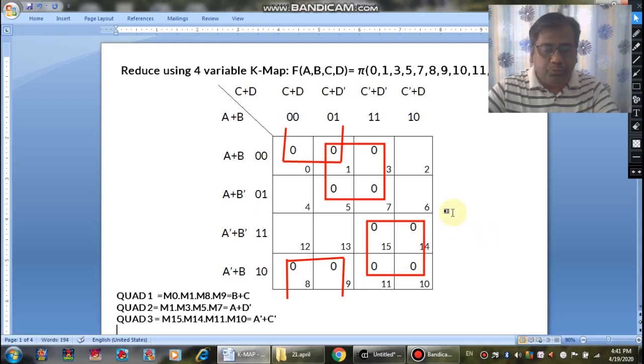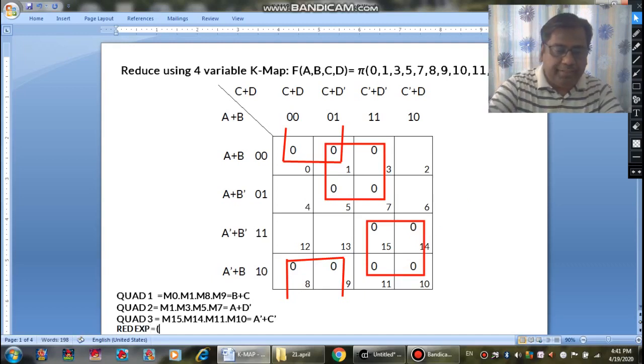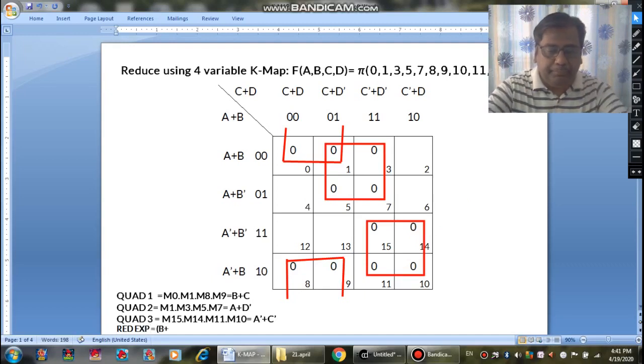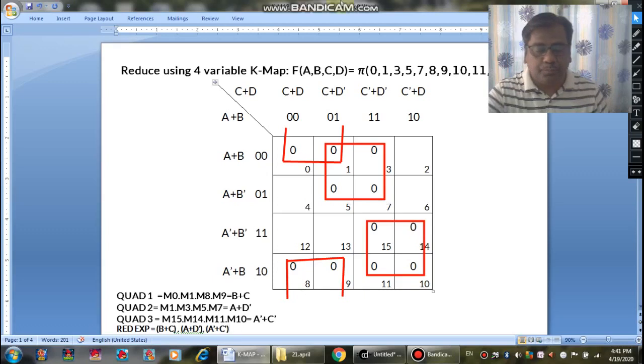Therefore, the reduced expression for this K-map will be, within the bracket we will be writing B plus C, dot, within the bracket we will be writing A plus D complement, bracket close, dot, within the bracket A bar plus C bar, and the bracket is closed.